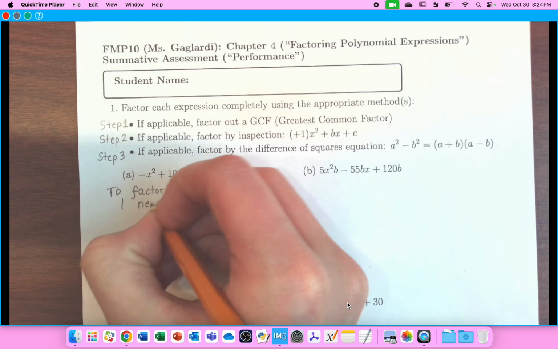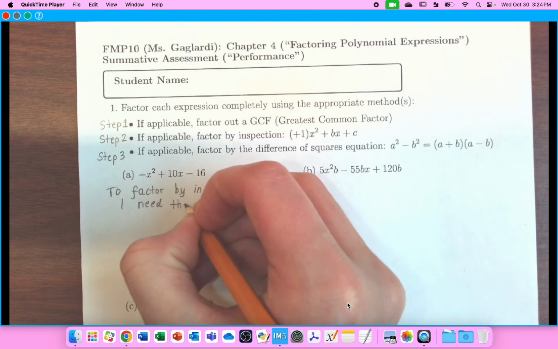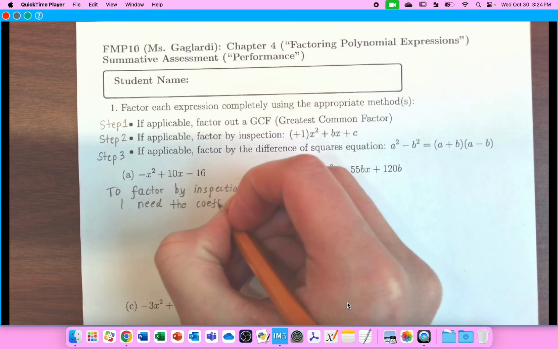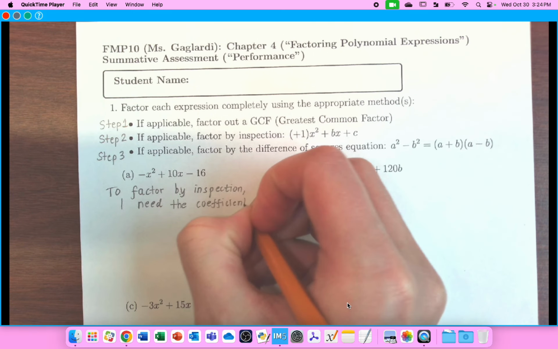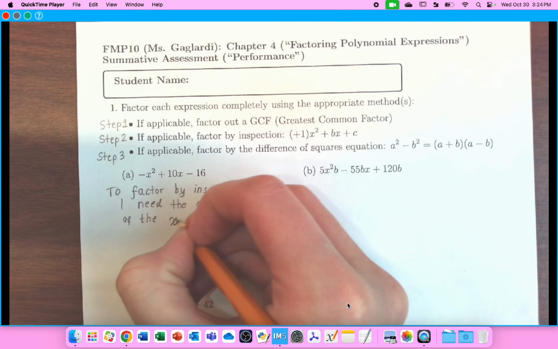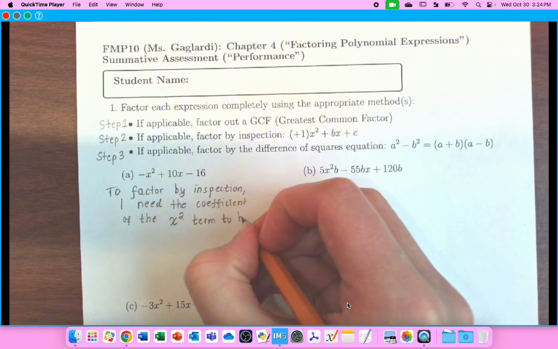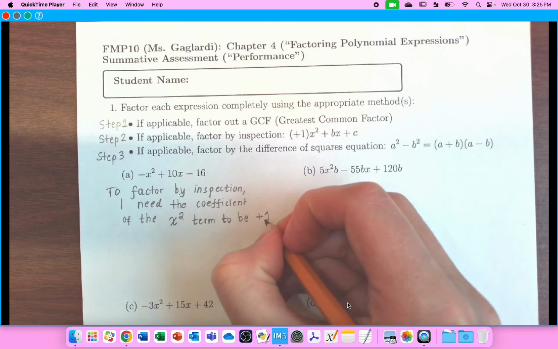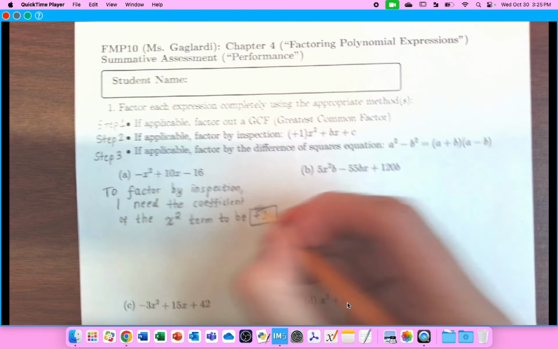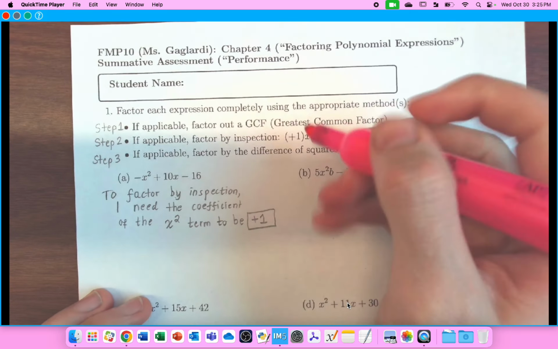I need the coefficient of the x squared term to be +1, which is exactly what is kind of stated up here.